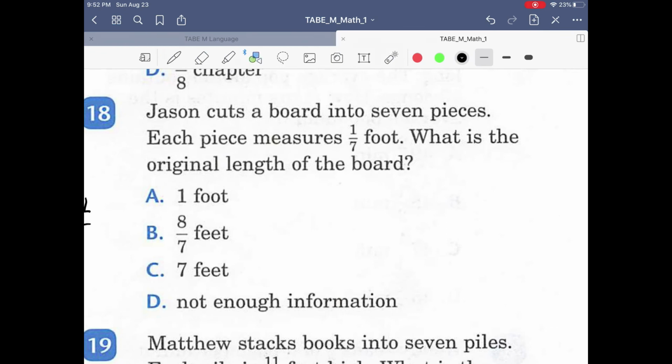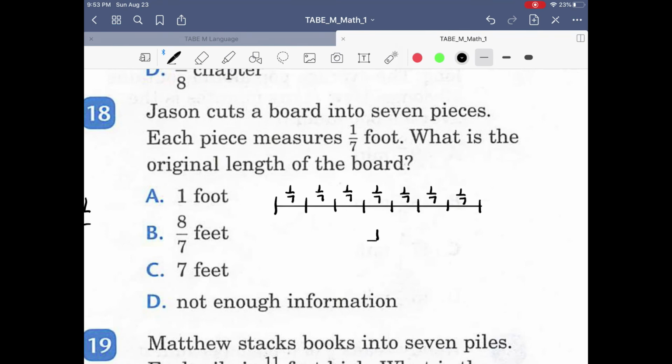Number 18. Jason cuts a board into 7 pieces. So there's the board. He cuts it into 7 pieces, and each piece measures 1/7 of a foot. So there's 1, 2, 3, 4, 5, 6, 7. So here's 1/7 of a foot, 1/7 of a foot, all the way up.